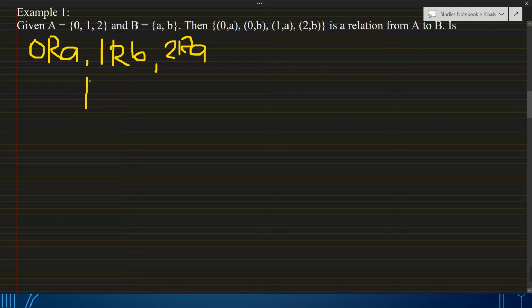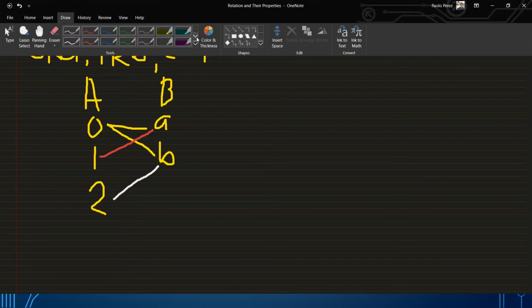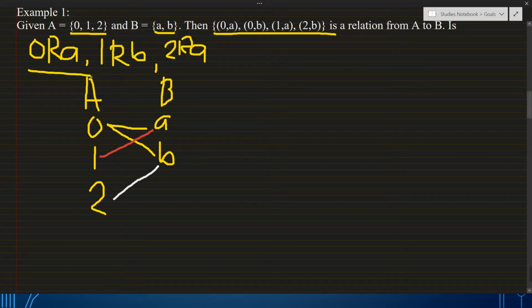Just put A here and B here, then put the elements: 0, 1, and 2 in A, and a and b in B. Upon doing this, let's look at this set: (0, a), (0, b), (1, a), and (2, b).